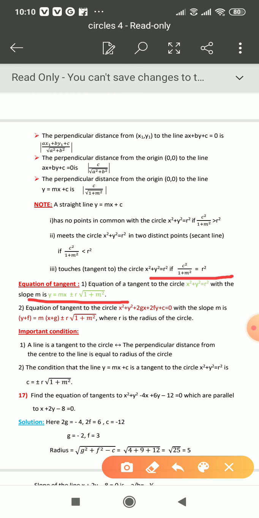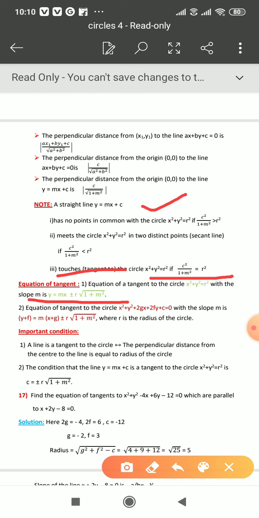So if c is equal to plus or minus r into square root of 1 plus m square, we have y is equal to mx plus c is a tangent. So here we write c as plus or minus r into square root of 1 plus m square. So y is equal to mx plus or minus r into square root of 1 plus m square is a tangent to the circle x square plus y square is equal to r square with slope m.